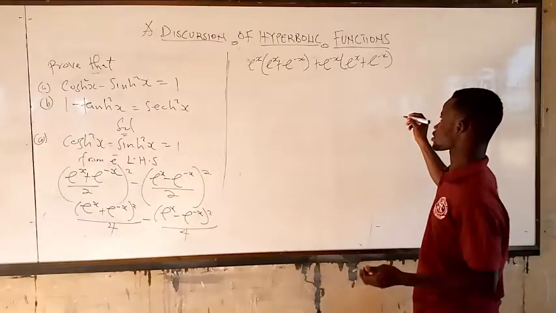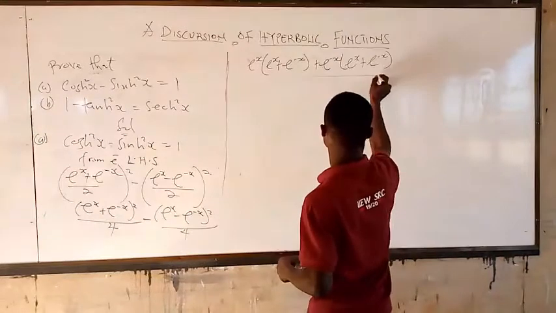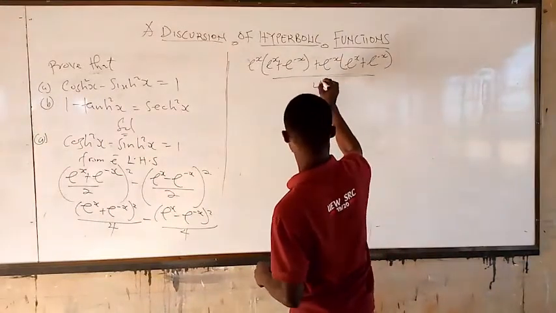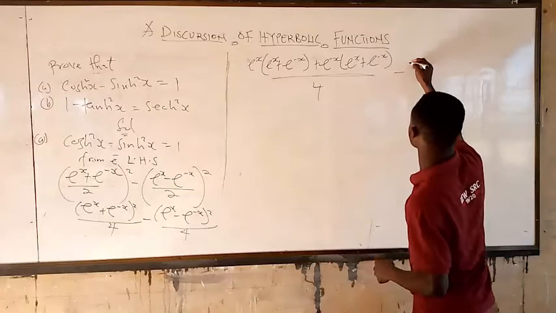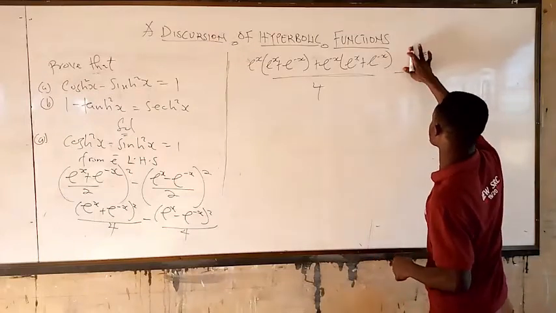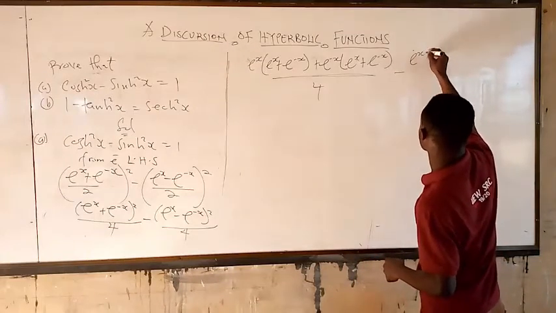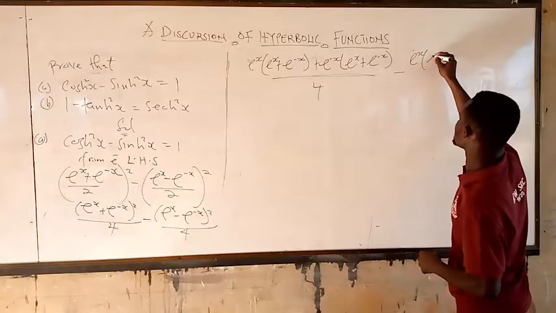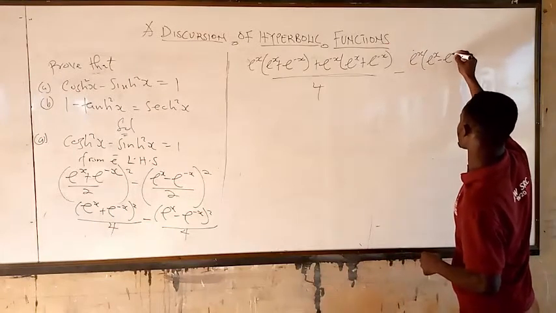Hope you're not confused. I trust you. All this is over 4 minus e raised to power S will also multiply e raised to power S minus e raised to power negative S.